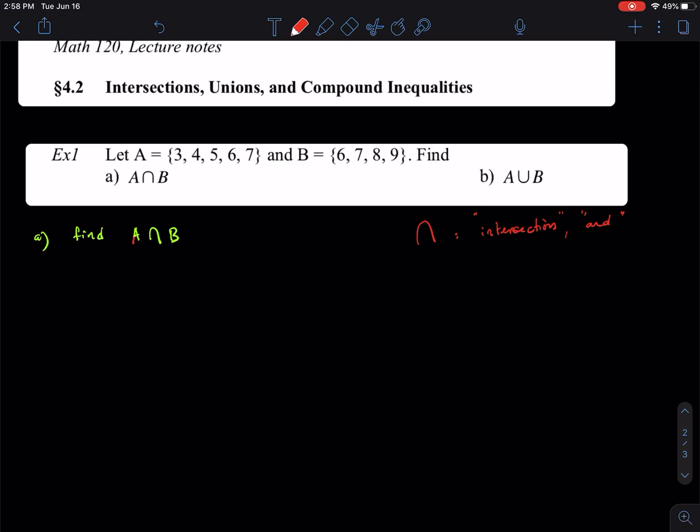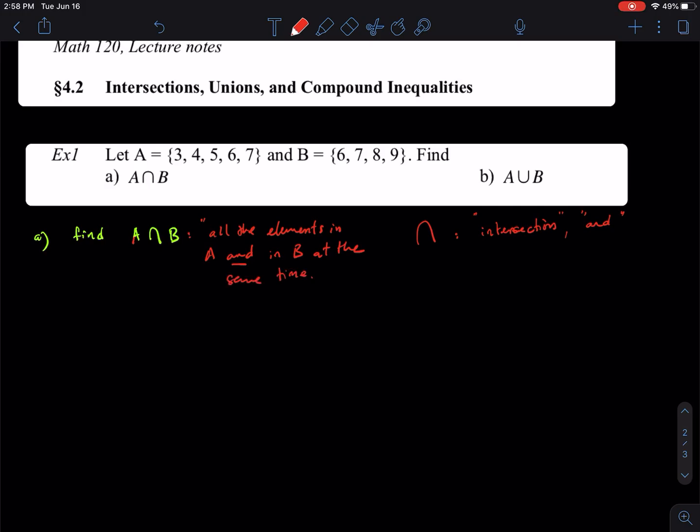So this set is all the elements in A and in B at the same time.